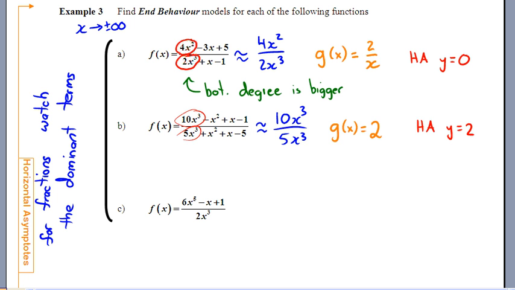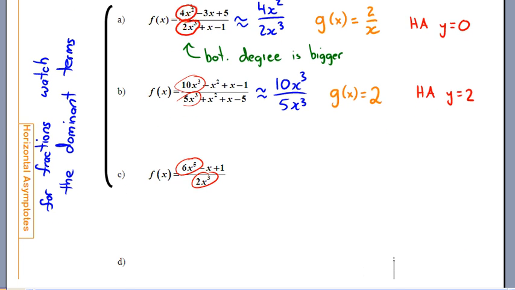What if the top degree is bigger than the bottom here? 6x to the 5th on top of a 2x cubed. When you get near the edge of your graph paper, okay, only near the edge, for really big x values, you might as well only be graphing 6x to the 5th on top of 2x cubed. Those will be the important terms. And you could say, hey, you know what?